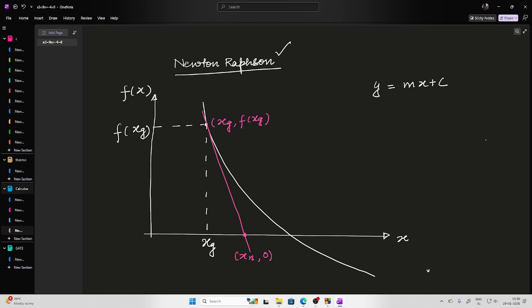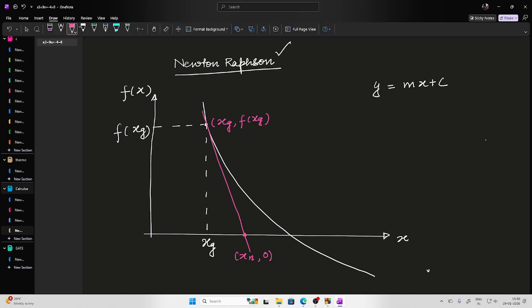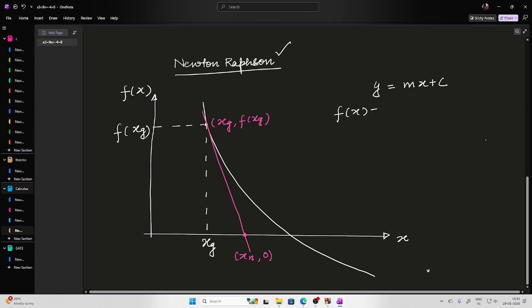Now, you also know that the equation of a line is given by y = mx + c, where y is the value of the function at some x, having slope m and y-intercept c. So for this f(x), I can rewrite this as f(x) = mx + c. I am talking of this line only. So what is m? That's the slope.